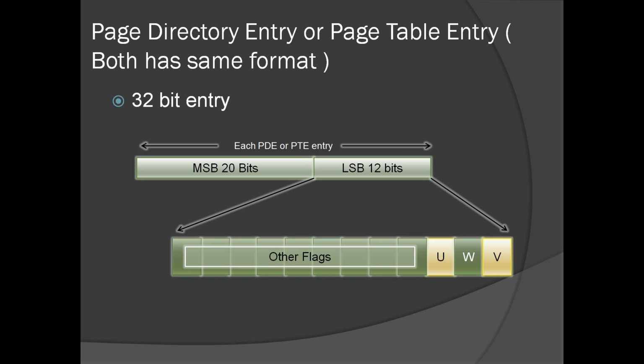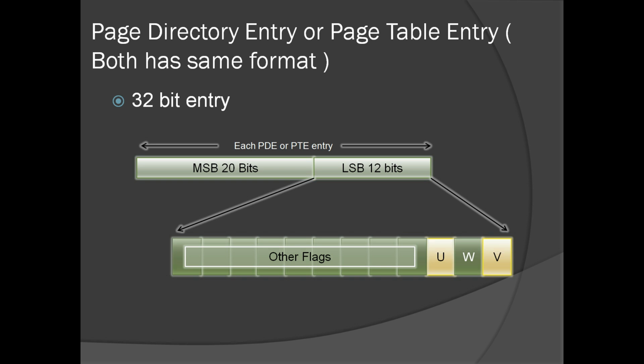So we have 12 bits free. The first 20 bits we are using to point to a page in the physical memory. Now let's try to understand what the next 12 bits are. They are called flag bits. We are going to discuss only 2 flag bits. One is the first bit and another is the third bit.